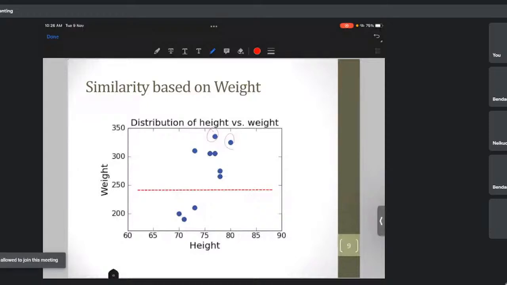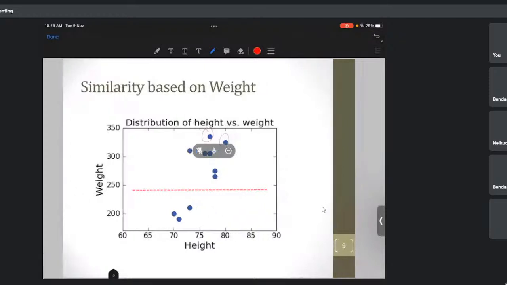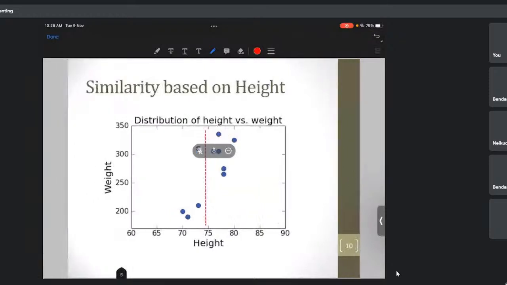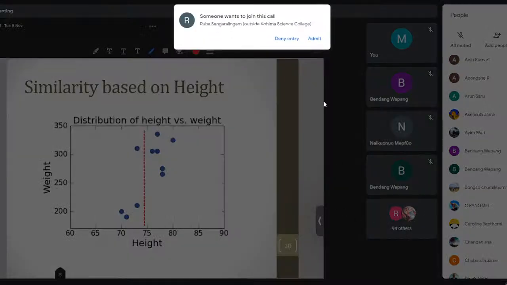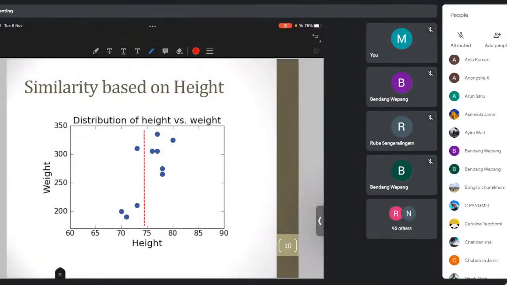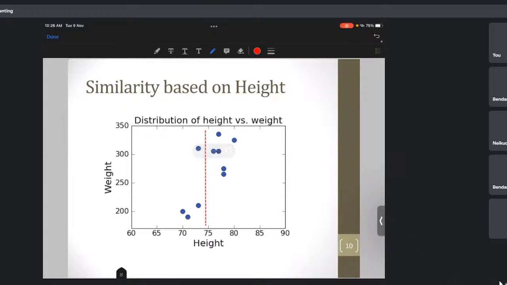So we go with another criterion, that is the height. What is the average height? Based on the average height, we divide the players. There also we can see that the groups we get based on the average height do not go with the two groups that are given to us.